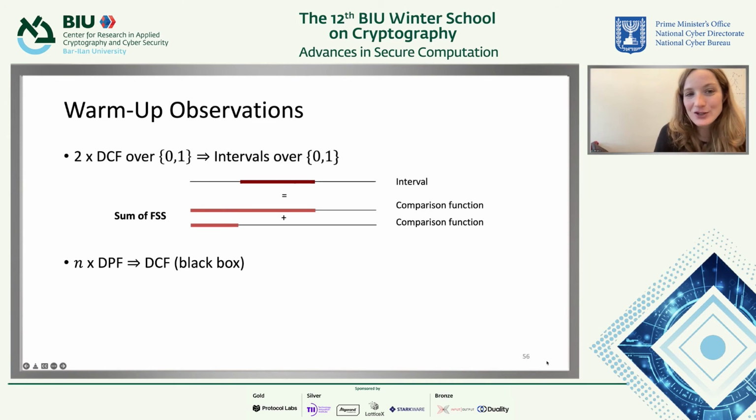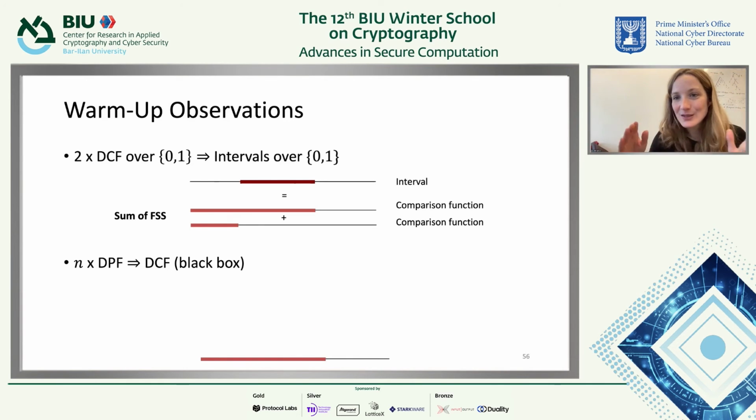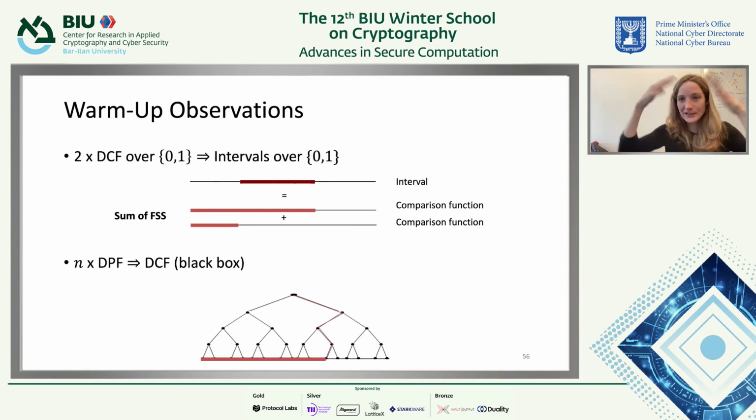Another quick observation is that there's actually a black box construction that gets you a DCF from any DPF if you take n copies. Roughly this is as follows. Think about this as our target DCF, and think about constructing a tree on top of it.